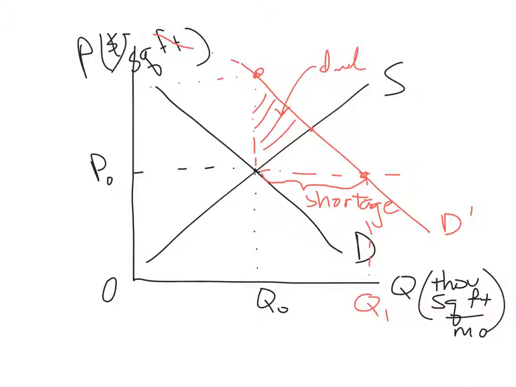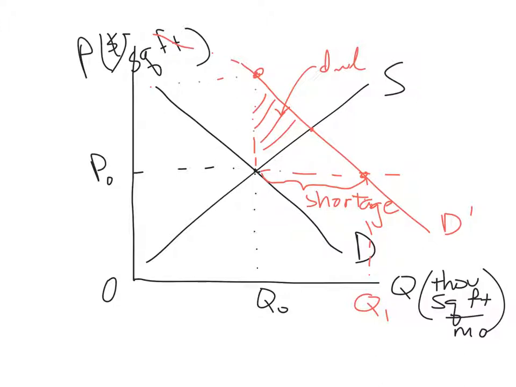And this, in a nutshell, is why economists tend to be really averse to rent control. It's not that economists don't want to help the poor. It's just if you want to help the poor, there's other ways to do it. Rent ceilings, rent control tends to create a lot of inefficiency and be very poorly targeted. It doesn't help the people that are intended to be helped.